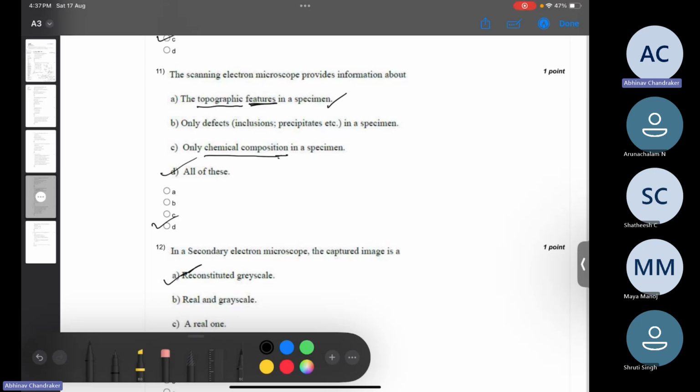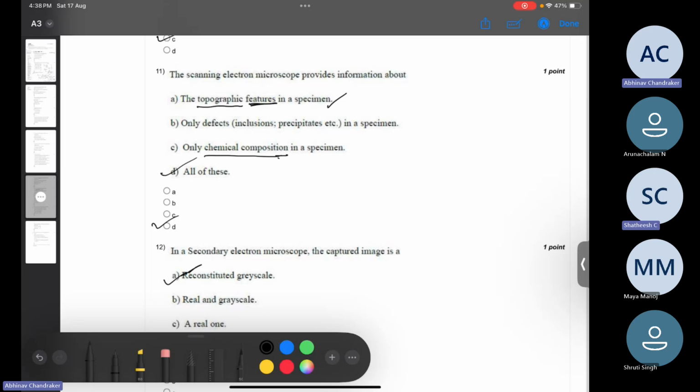These nuclei have a very high charge, but they occupy a very small space in the whole of the specimen, since the atoms are primarily made of electron gas only. A very small region in it is the nucleus.